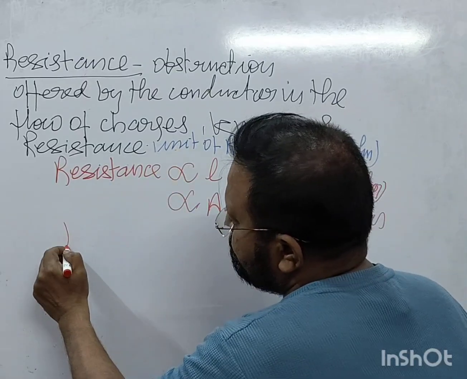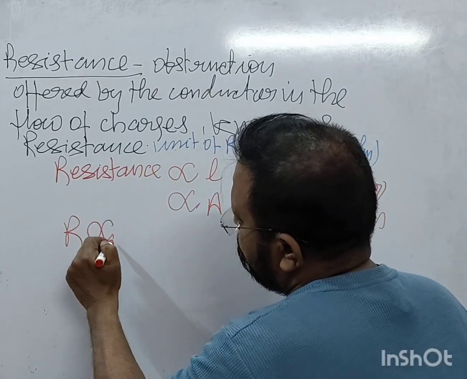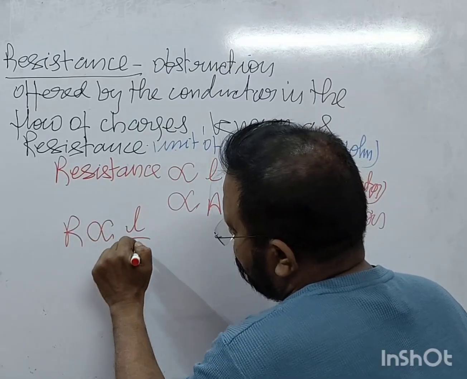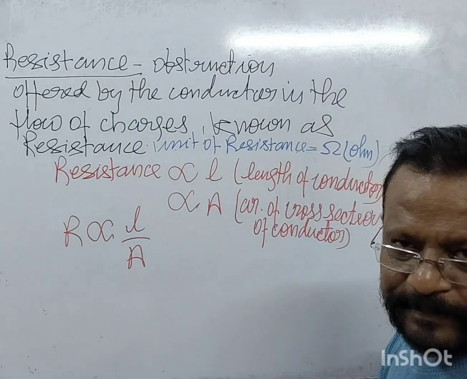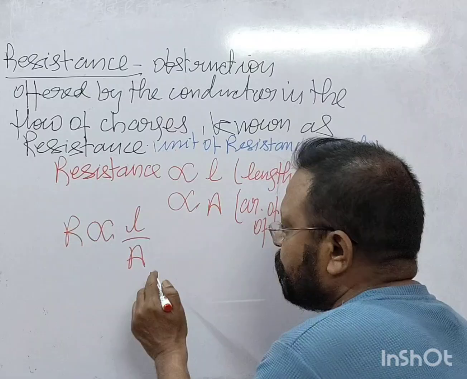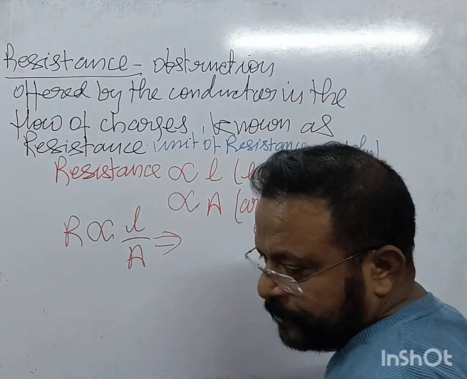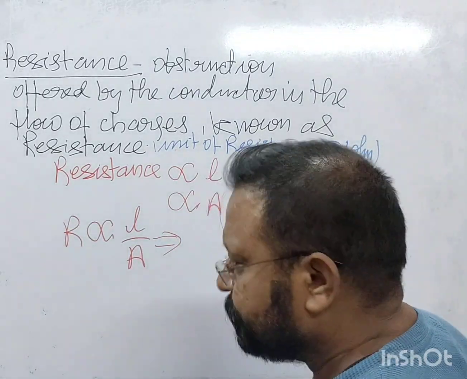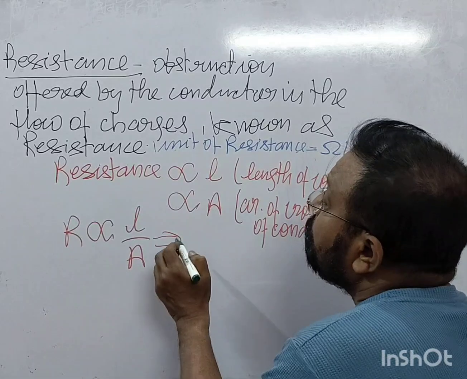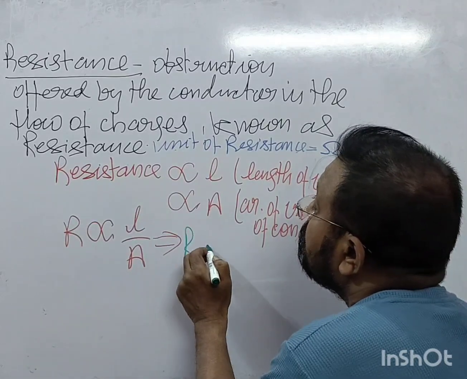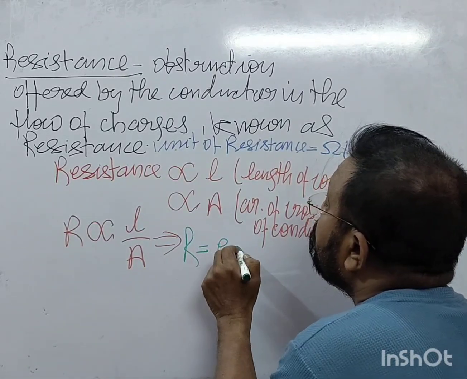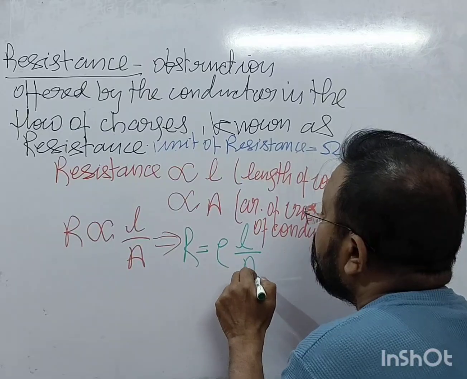So R is directly proportional to L upon A. If we remove this proportionality sign, then we write R is equal to rho into L upon A.